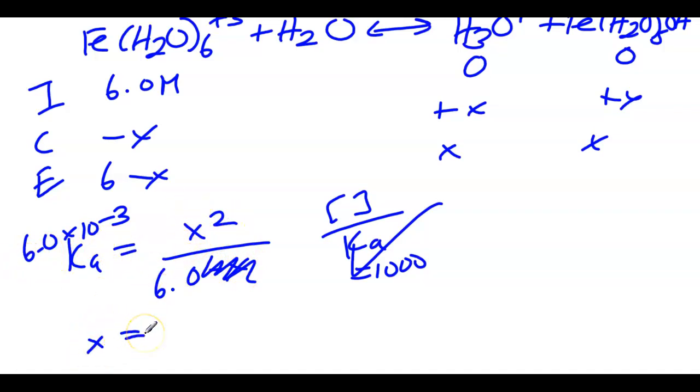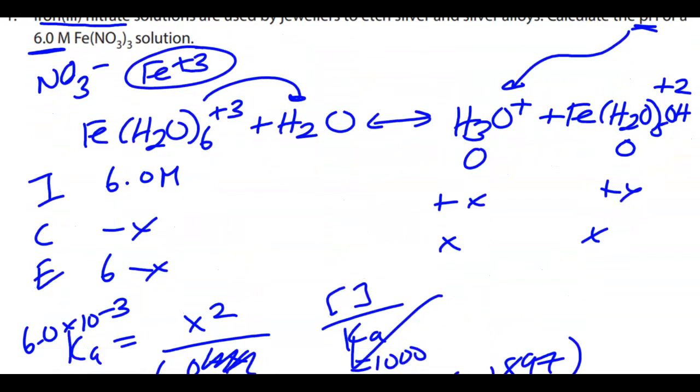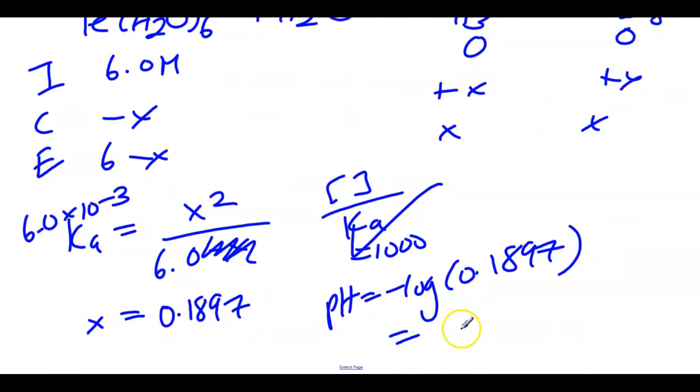If we isolate out for X here, we get 0.1897 approximately. And then, of course, for the pH, we do the negative log of that. For sig figs for pH, we go to the sig figs here. We have 2, so that means we need 2 decimal places. So the pH is 0.72.